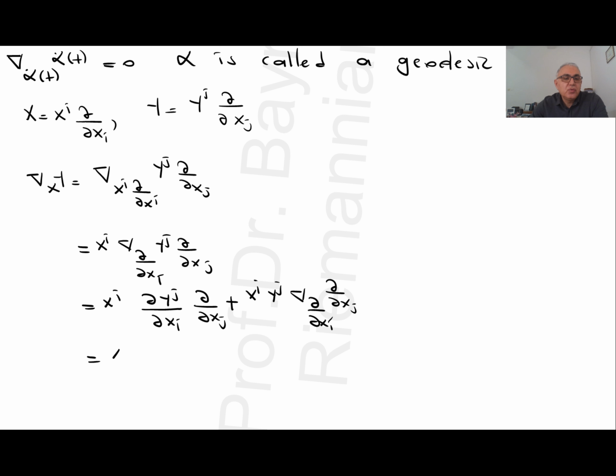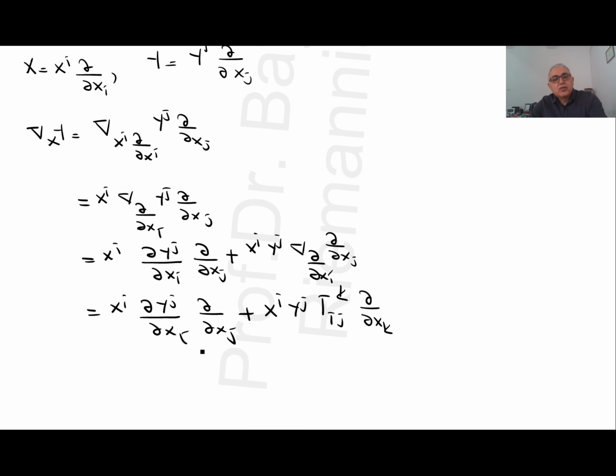From these we can write X^i partial_i Y^j partial_j plus X^i Y^j Gamma_ij^k partial_k. So the first part is X(Y^j) partial_j, plus X^i Y^j Gamma_ij^k partial_k.